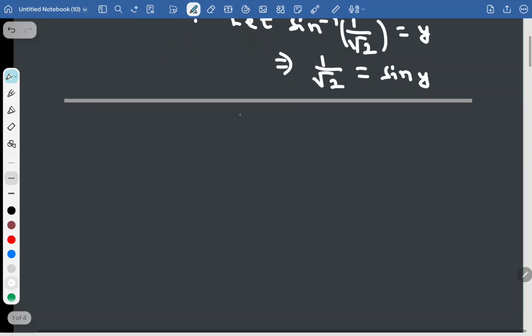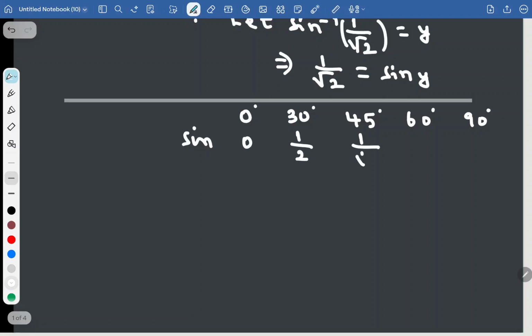We know very well from the lower classes trigonometry table: 0 degree, 30 degree, 45 degree, 60 degree, 90 degree. Sin 0 degree is 0, sin 30 is 1 by 2, sin 45 is 1 by root 2, sin 60 is root 3 by 2, sin 90 is 1.